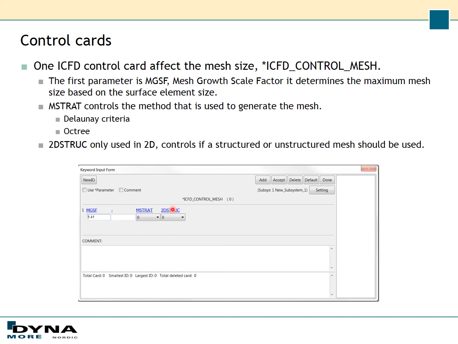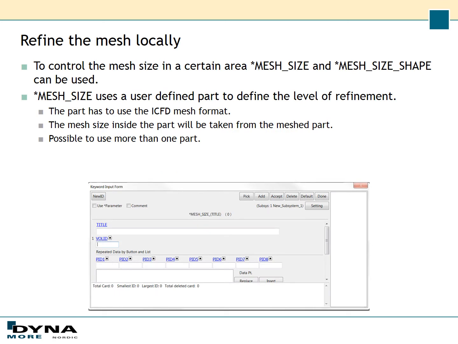And for 2D cases, you have an option to create structured or unstructured mesh, and the default is unstructured mesh. If you want to refine the mesh locally, you can use mesh size and mesh size shape.